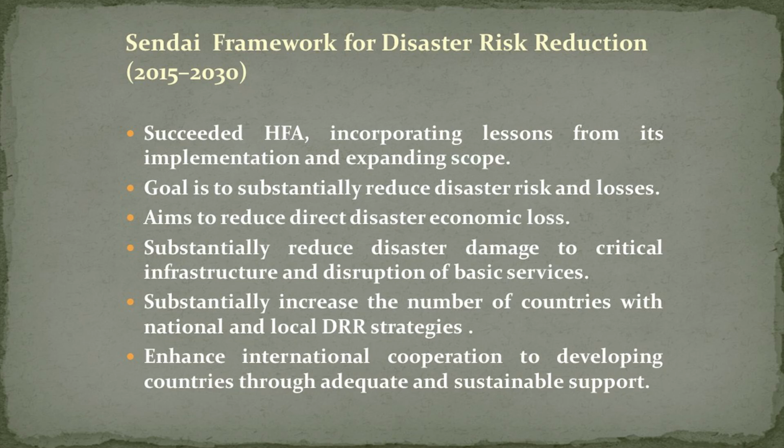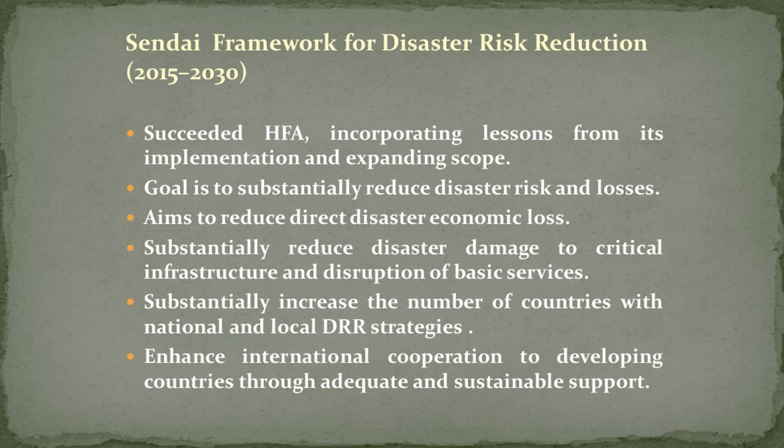That is, it included the industrial accidents, nuclear risks, along with the natural ones. Its overarching goal is to sustainably reduce disaster risk and losses in lives, livelihoods, health and economic, physical, social and cultural, and environmental assets by the year 2030.